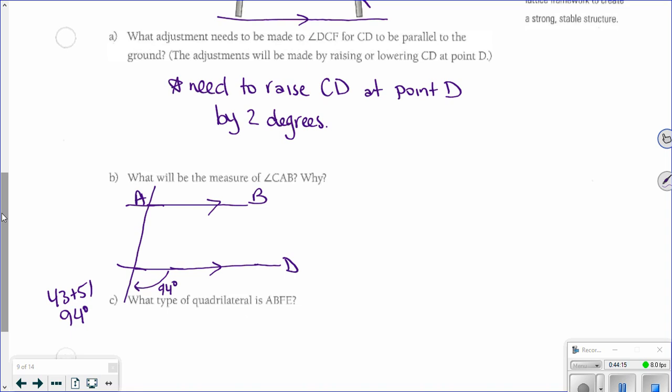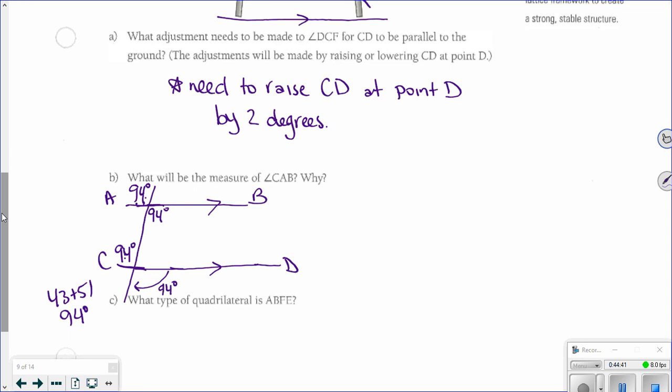When I look for my corresponding angles, this is 94, this is 94 because they're diagonal to each other. If this is two parallel lines and a transversal, my correspondings are also 94. So if I move that out of the way, this is 94 here, which means this is 94 here. 94 degrees below the line.